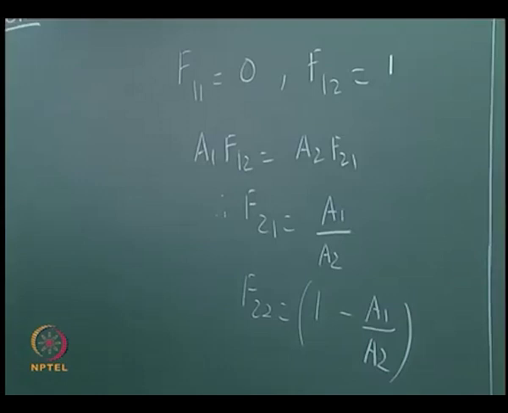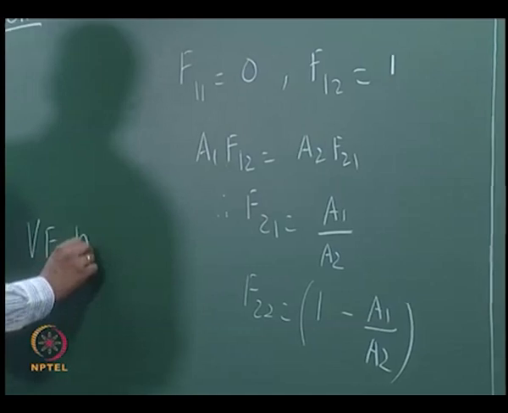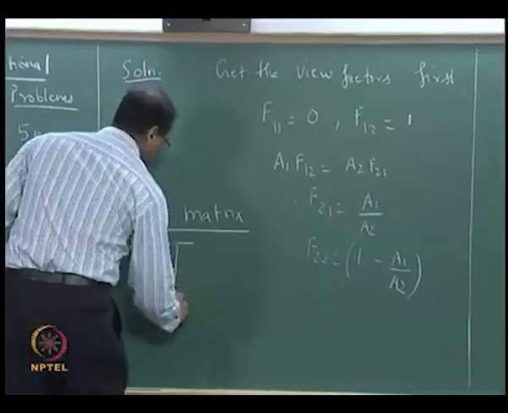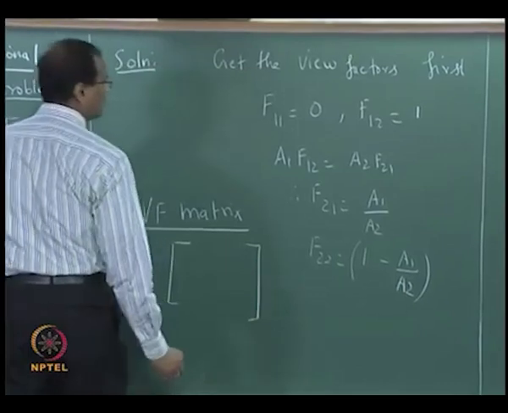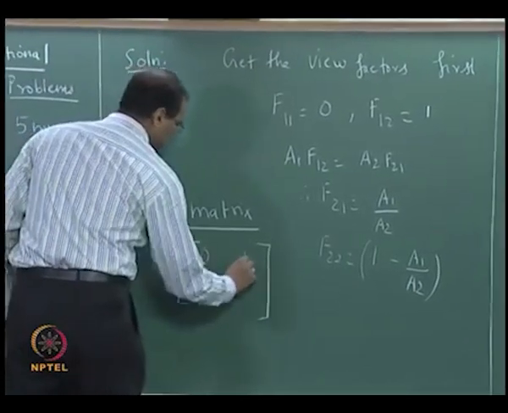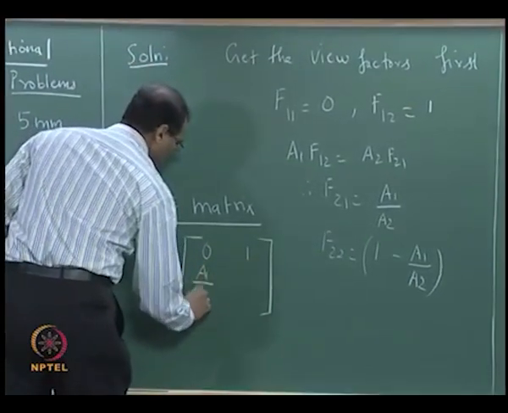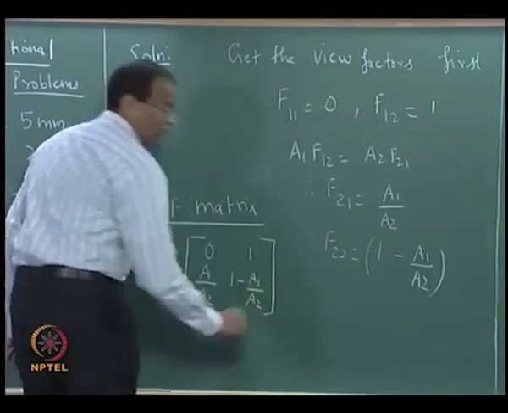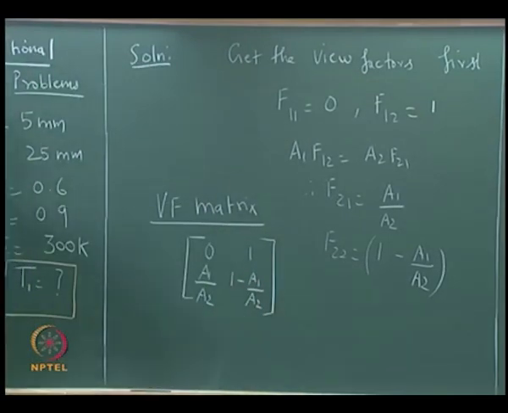So first write out the view factor matrix. Zero, okay. So part A is over, first part is over.